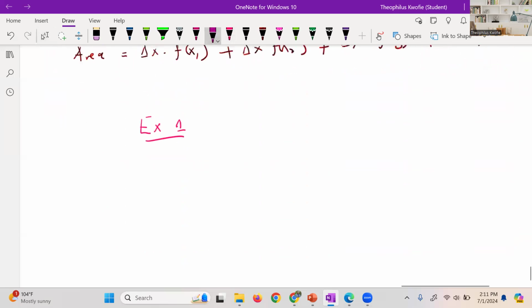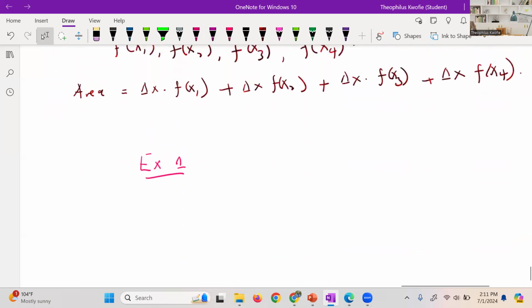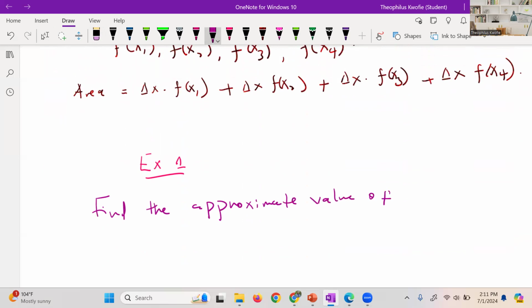So with example one, suppose we want to find an approximate value of this particular problem.